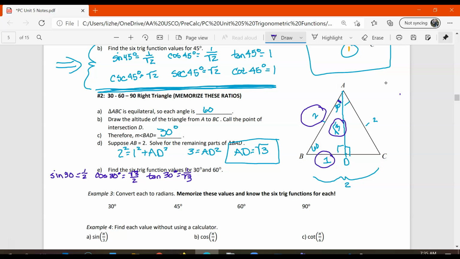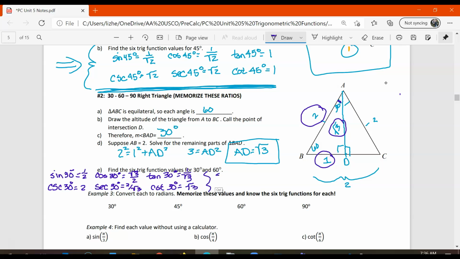Once you have your sine, cosine, and tangent, you can go through this pretty quick. The cosecant of a 30 is 2. The secant of a 30 is 2 over radical 3. And the cotangent of a 30 is radical 3.